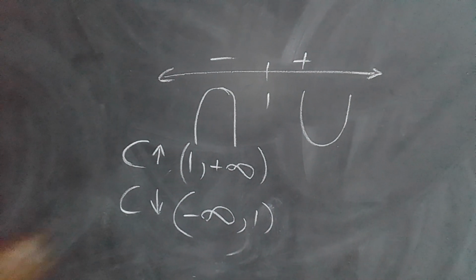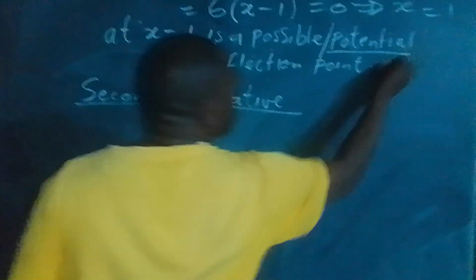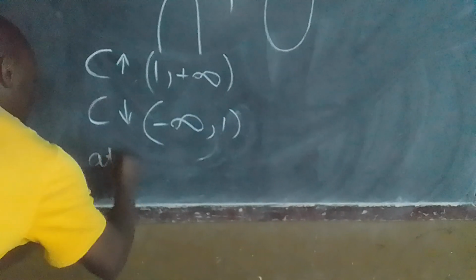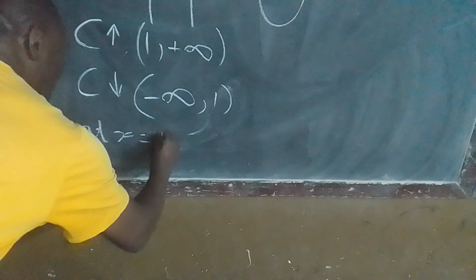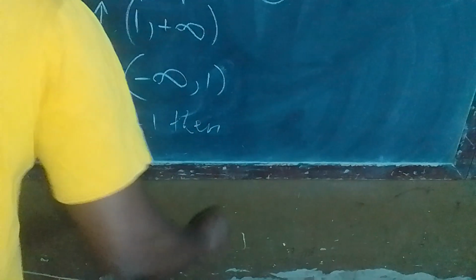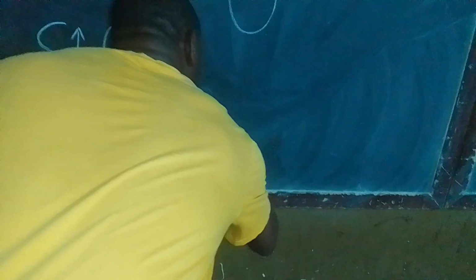Then we can conclude now to say that this is not a potential anymore. We are sure that at x is equal to 1, inflection occurs.